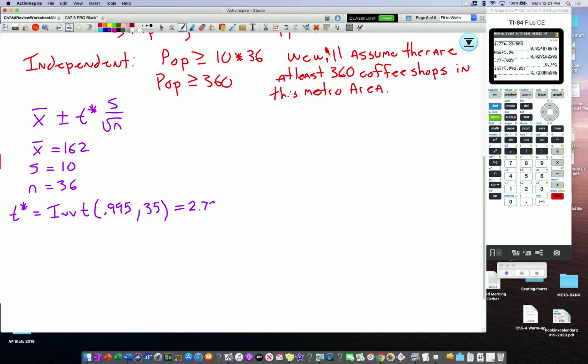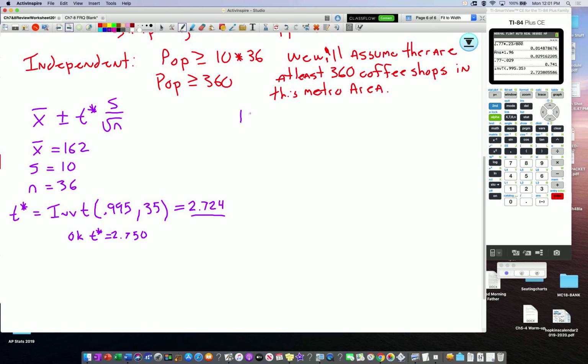2.724. Now, if you actually use the table, you don't have a degrees of freedom of 35, so you could use the conservative. It's okay if you use t star in this problem to be 2.750 also. If you use the conservative estimate, they will accept both. I'm going to use this one right here.